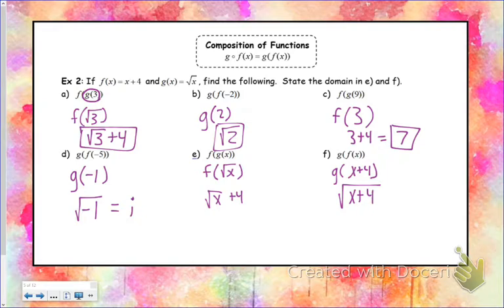It does say to write the domain because our domains here are different. The domain for g would be from 0 to infinity because you cannot take the square root of a negative number. Whereas our domain for f is going to be from negative 4 to infinity. So f of g of x and g of f of x are not necessarily the same thing.